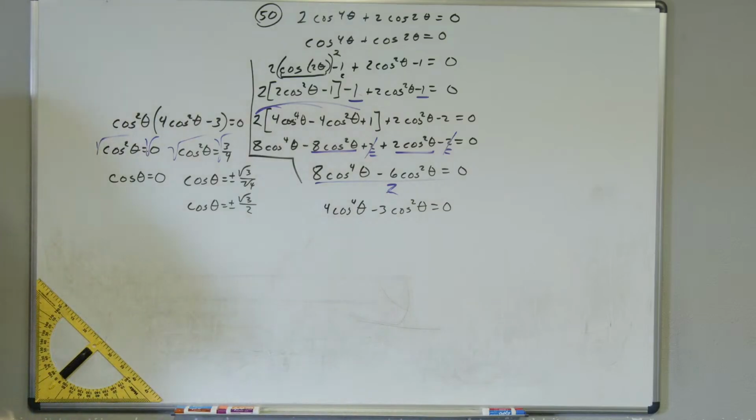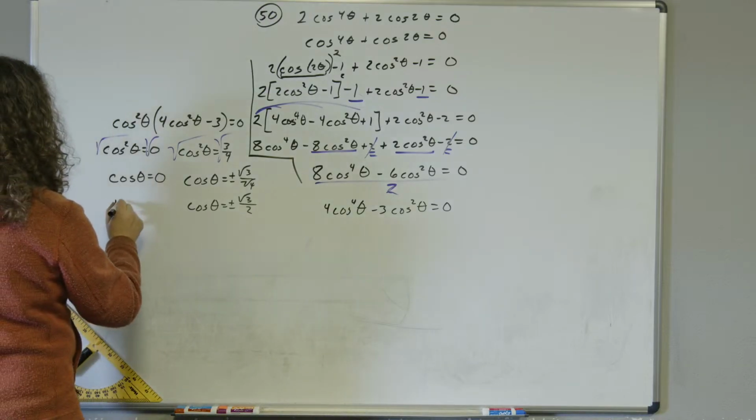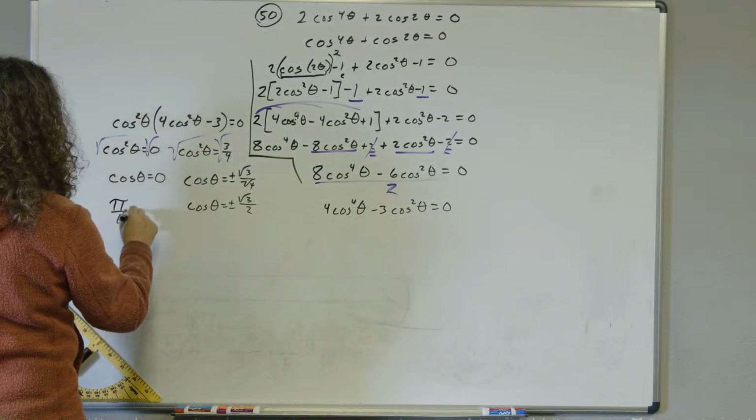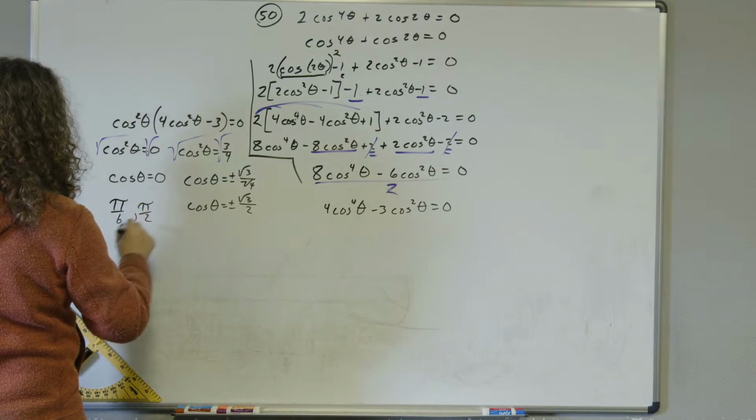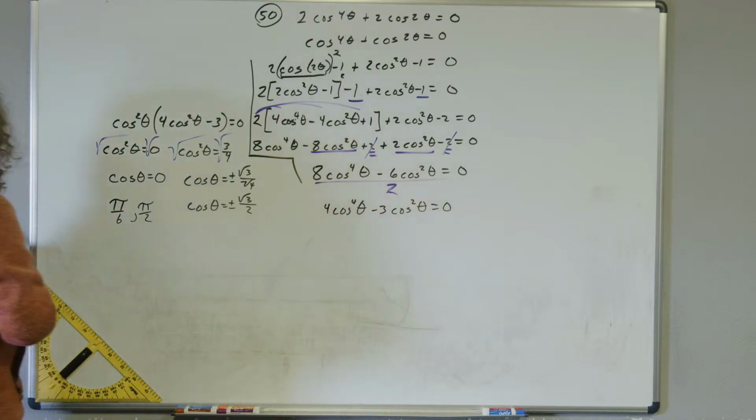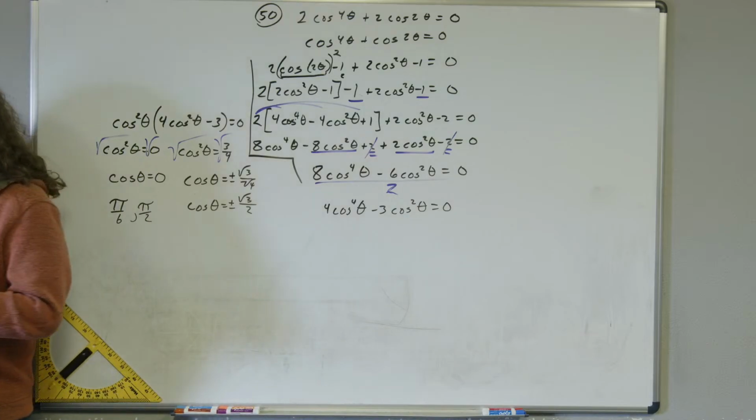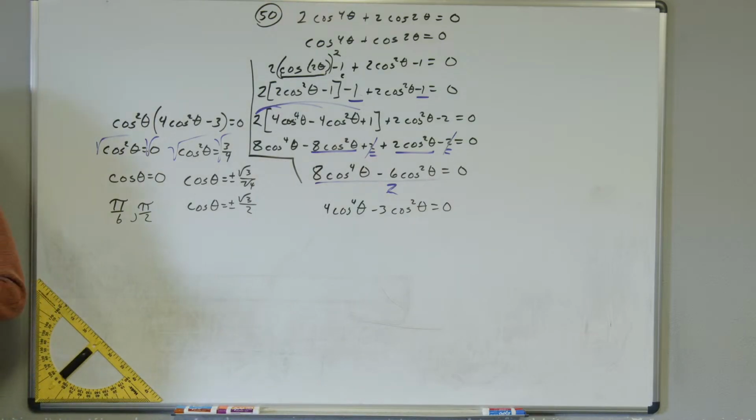Now what? Now we find the radian equivalence. So it'll just be pi over 6 and pi over 2. And then since it's plus or minus for everything, technically, just plus pi over 2.